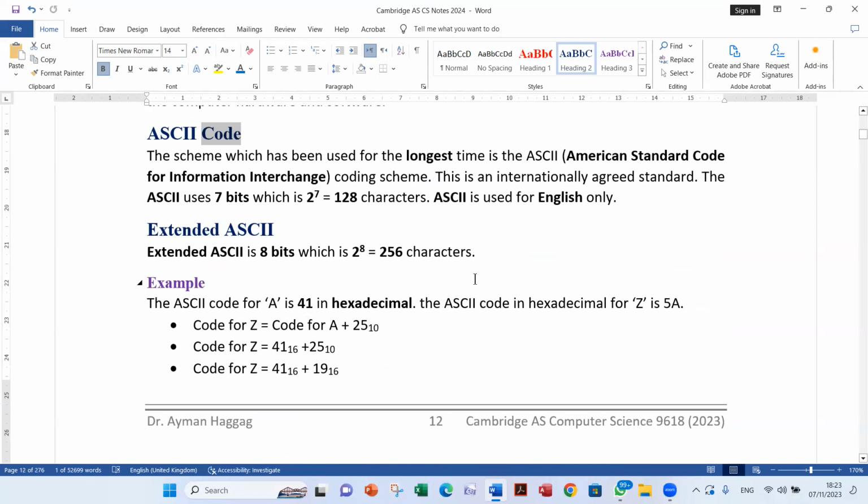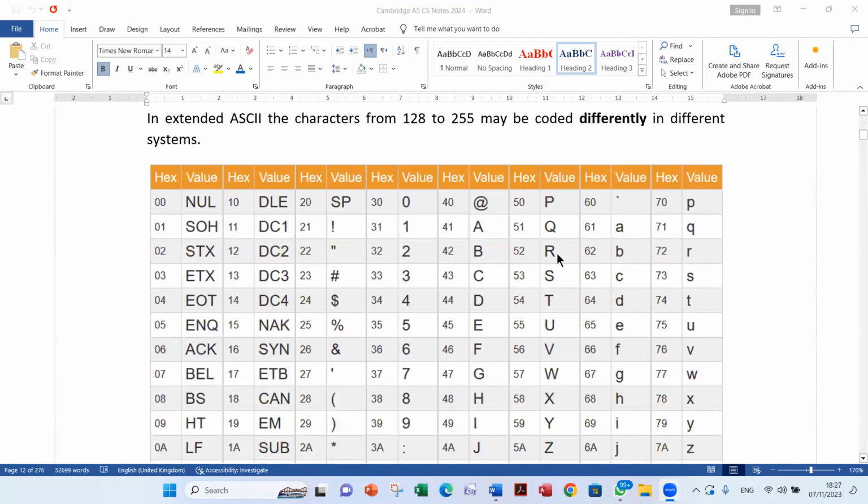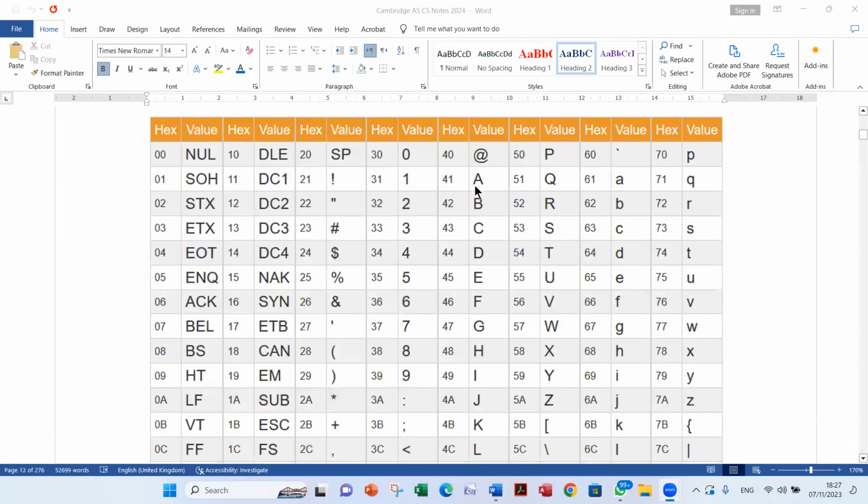Okay, so ASCII code used to be 7 bits, and extended ASCII is 8 bits. And there is a little problem with that. Okay, so let us look back at the ASCII code. This is letter A. Letter A is represented in the computer using a binary number.